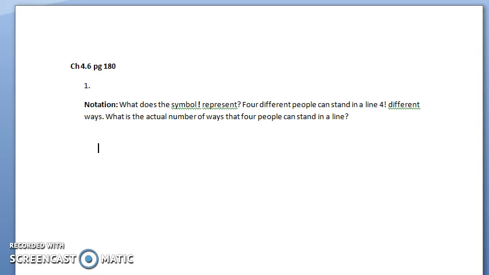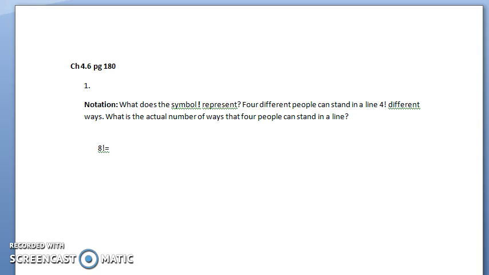So, let's say, for example, I have the number 8 with the factorial symbol, which is the exclamation point, and I want to find out what is the value of 8 exclamation point. Well, just by the definition, it is the product of decreasing positive whole numbers.